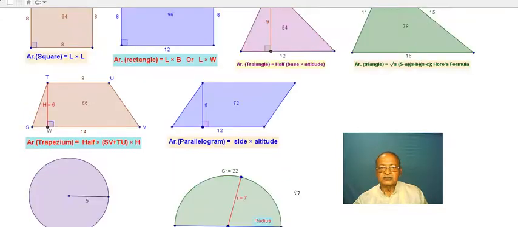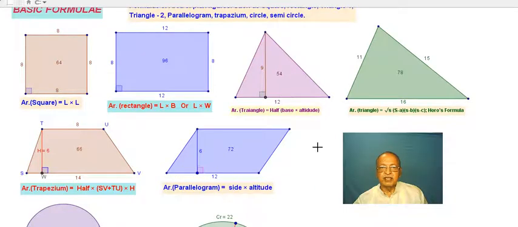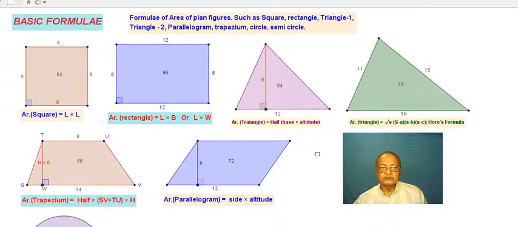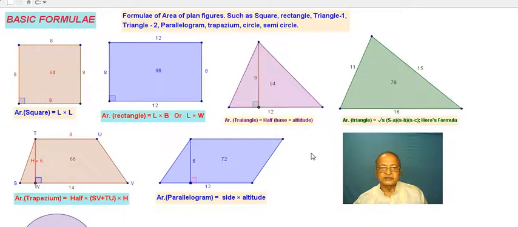So these are our simple formulas, and students of class 5th to 10th are using these formulas. Of course, the circle and semicircle formulas will come, and parallelogram and trapezium will come in 7th and 8th class.